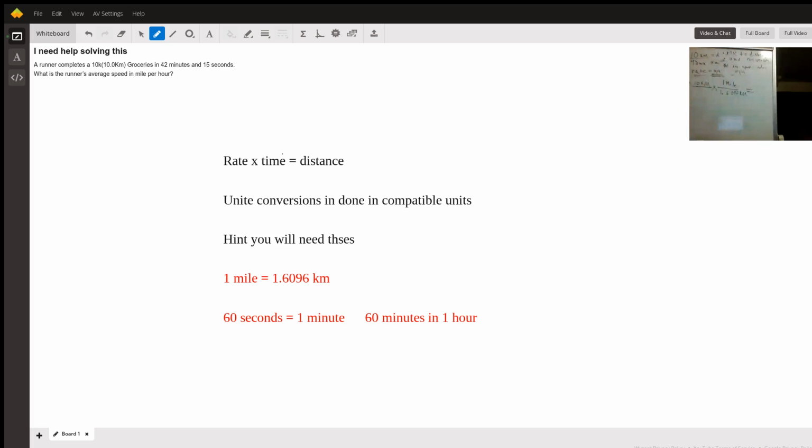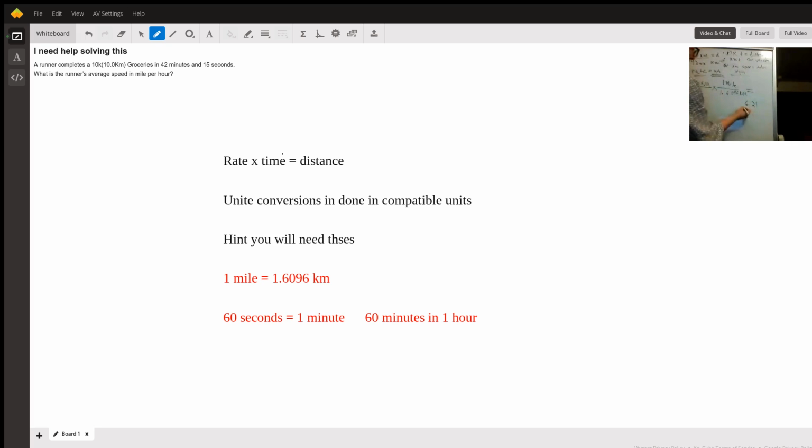Let's find out what that is, and that will give us our distance in miles. Grab my calculator: 10 divided by 1.6. Roughly you get 6.2 miles. That sounds about right, because I used to run the 10,000 meters in college, and that sounds about right in conversion to miles.